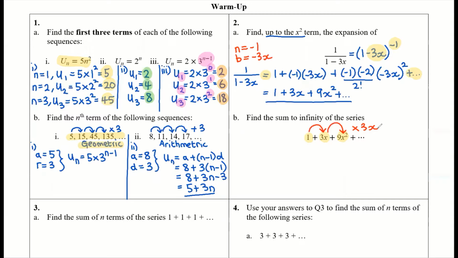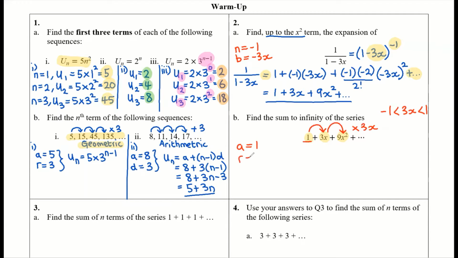Now, we'll have to assume that the 3x, remember, is between negative 1 and 1 for this to be true. Okay, but just for you to bear that in mind. All right, so let's do it. So we already knew what A is. It's 1. It's the first term.